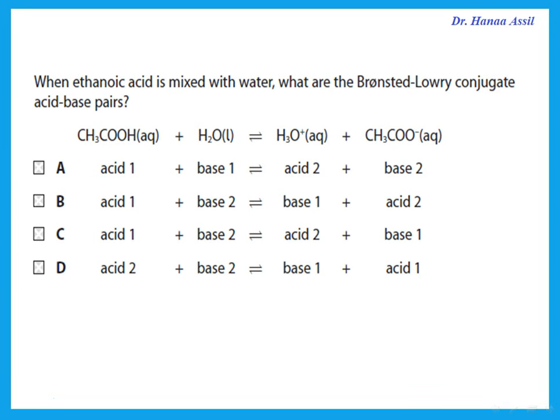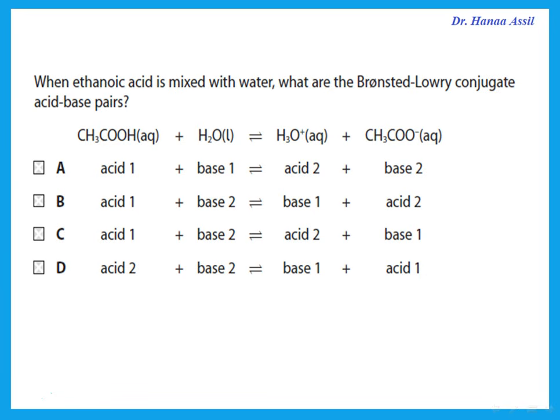So the CH3COOH is an acid. It gives off its H plus ions and becomes CH3COO minus. The H2O is the one that accepts H plus ions from the CH3COOH, so that's a base. So this is acid plus base to give what?